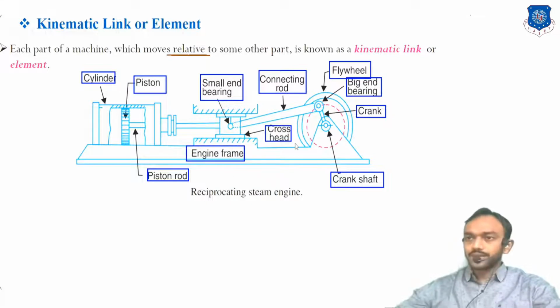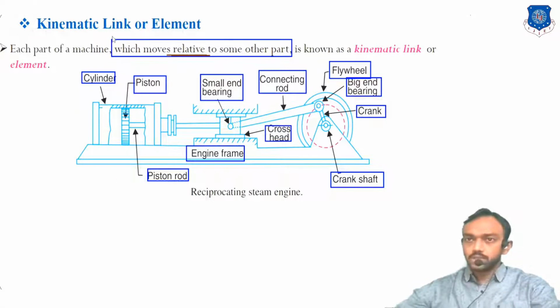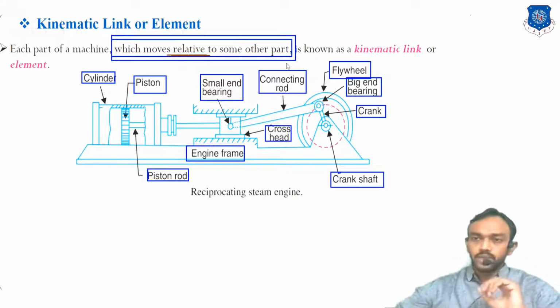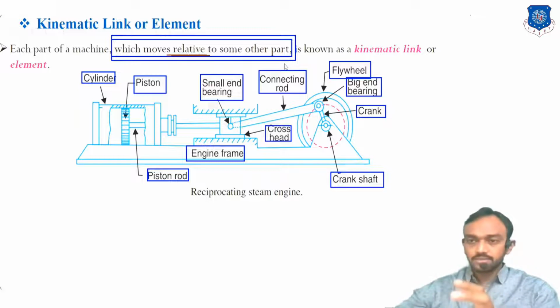So these are all elements, but how many kinematic links are there? You have to understand that. First of all, check the definition: which moves relative to some other parts. There are some parts which have no relative motion, so we don't consider them as kinematic links. First of all, we have to find how many links are there.